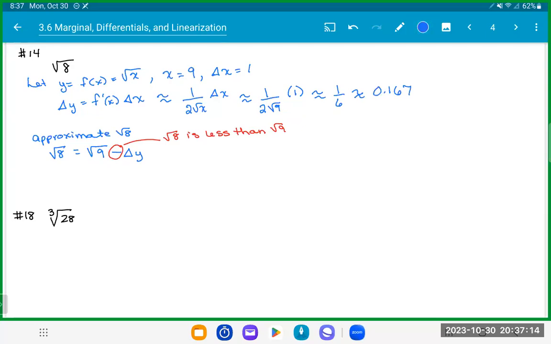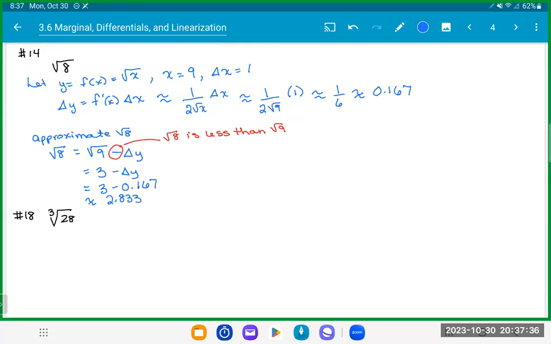All right, so now we have the square root of 8 is equal to 3 minus our delta y. So this is 3 minus 0.167. And so this is an approximation of 2.833. Okay.